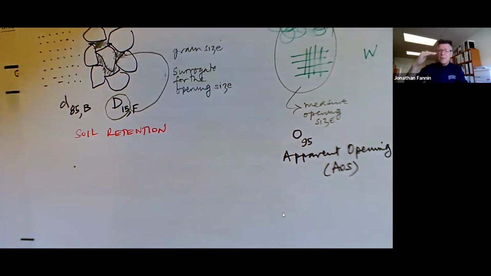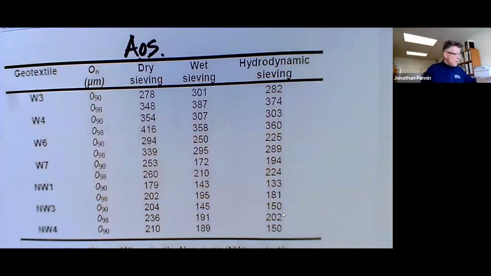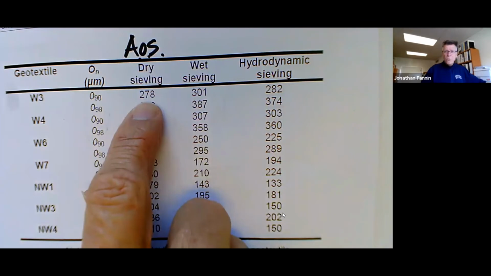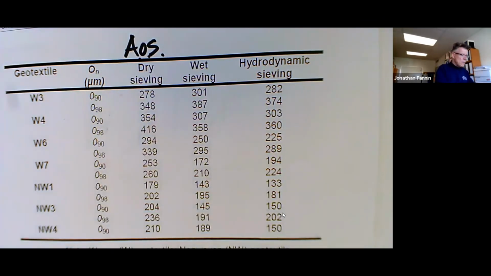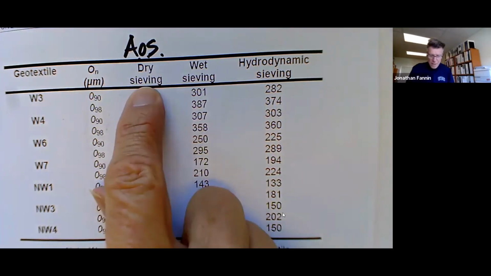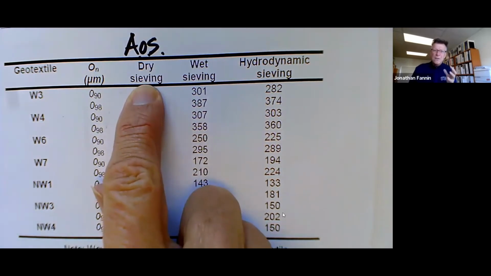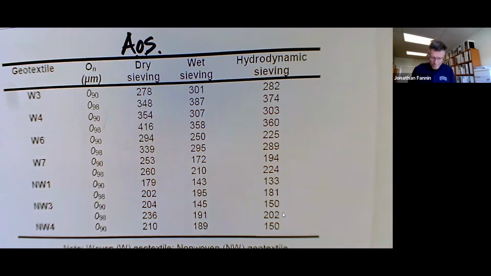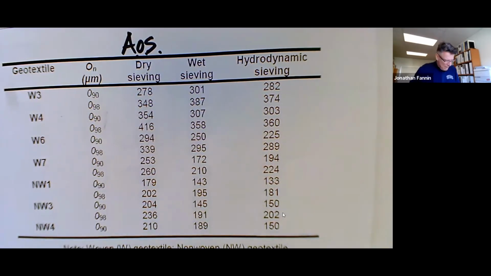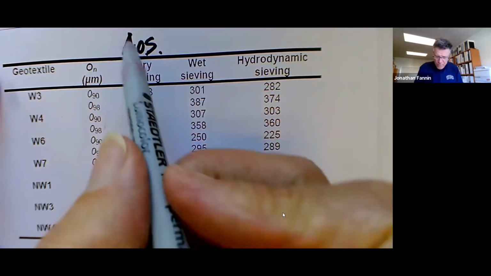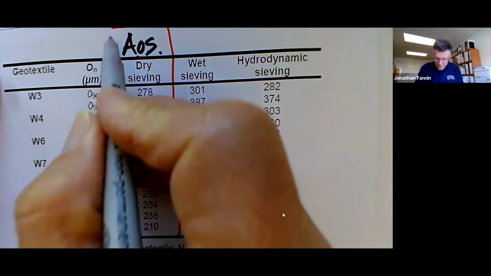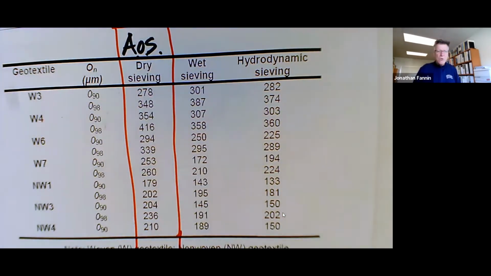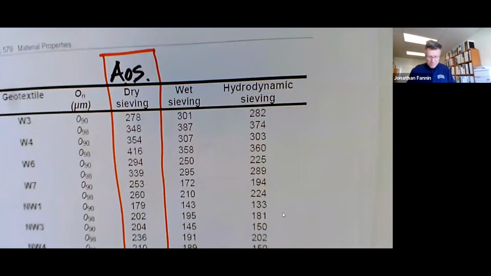The empiricism can be stacked on empiricism. And likewise here, we'll be looking for empirical rules involving the apparent opening size. It may or may not declare that the empirical rules are based on dry sieving or wet sieving, and that'll depend a little bit on the country where any database has been developed. And so we'll do things primarily now on an AOS-based approach to design.